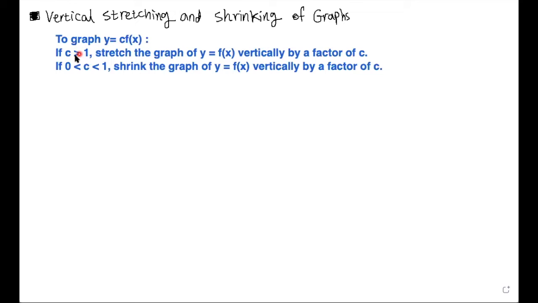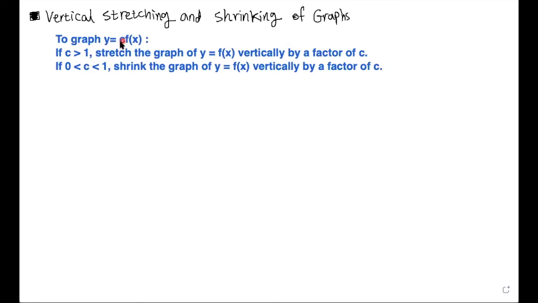If c is greater than 1, like 2, 3, 4, 5, up to infinity, we graph the original function y equals f of x, then we stretch the original function vertically by the factor of c, by this number c.